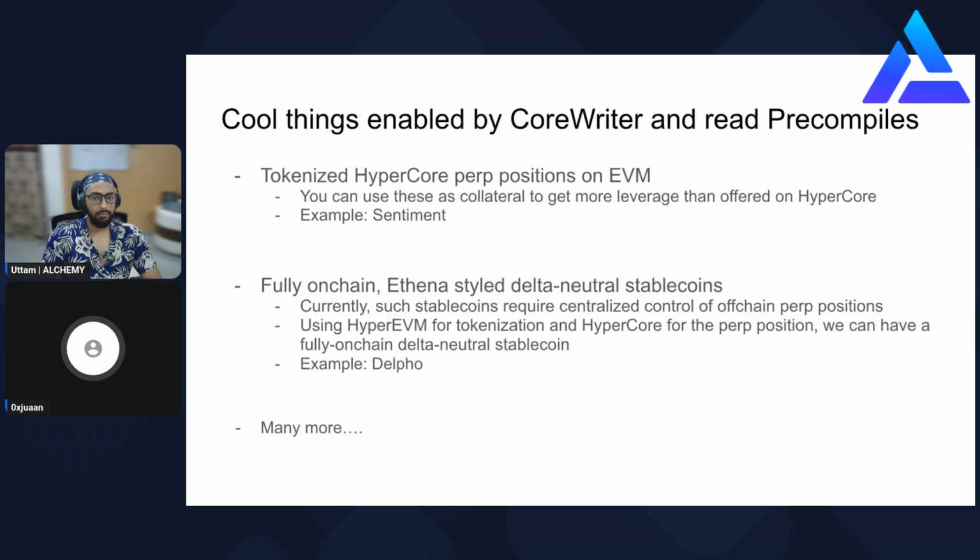So let's say you had a long position on Bitcoin with the max leverage, which is 20x, but you wanted even more leverage, or you're that bullish. So you can use that perp position as collateral to borrow USD on the EVM if there was a protocol that allowed this. And then you could use that USD to add to your long position, effectively having even more leverage on Bitcoin. And an example of a project working on this right now is Sentiment, so you can check them out.